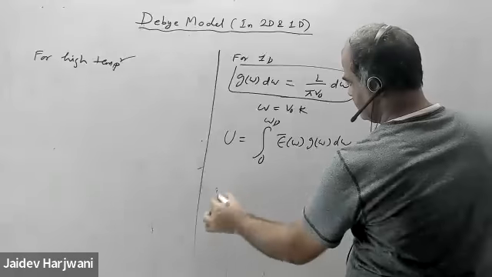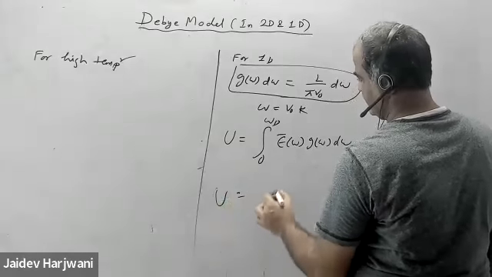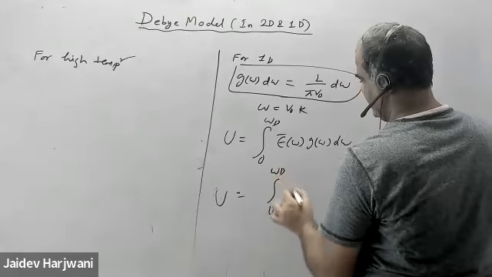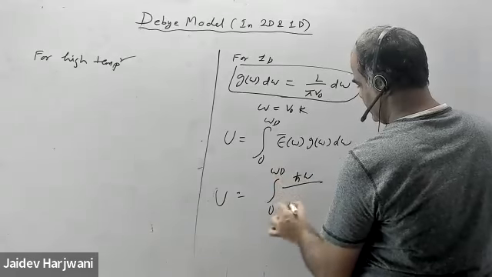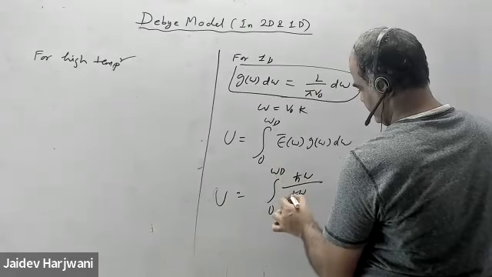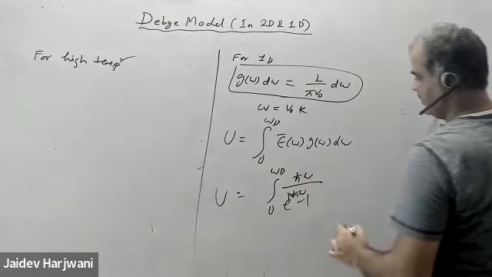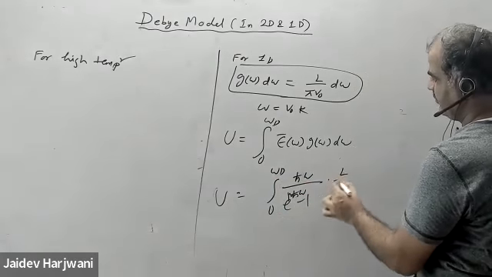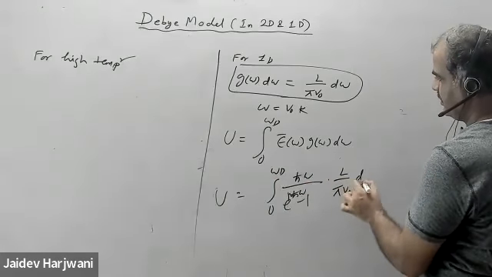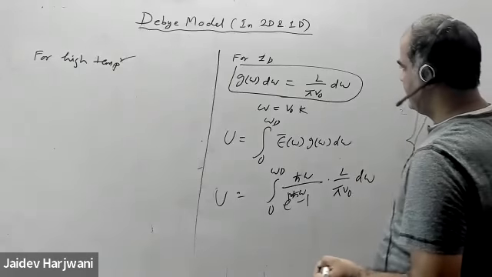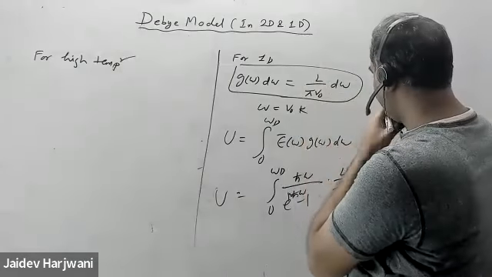So U equals to what? Integral 0 to omega D of h cut omega upon e^(beta h cut omega) minus 1, g(omega) is L upon pi v naught d omega. अब 1D है तो कुछ मल्टीप्लाई करने की जरूरत नहीं है.